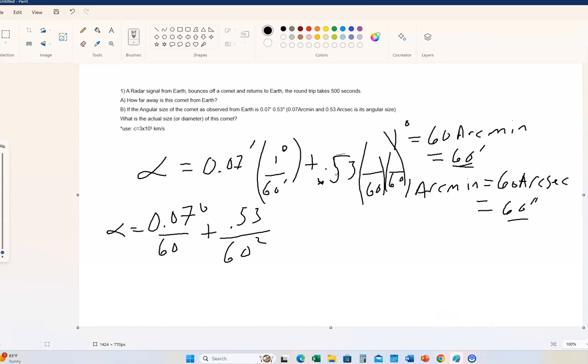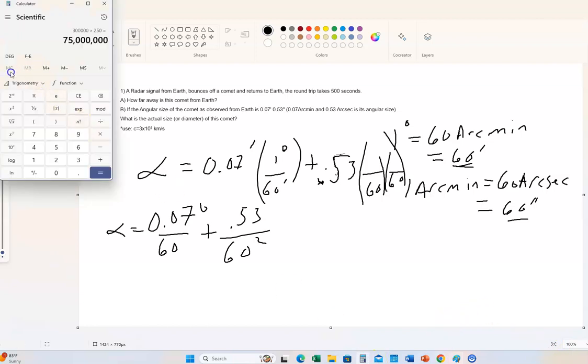Let's see what this angle is. We'll do this in the calculator. We have 0.07 divided by 60, which converts the arc minutes. Then we add to that 0.53, which is just a small difference, divided by 60 squared.